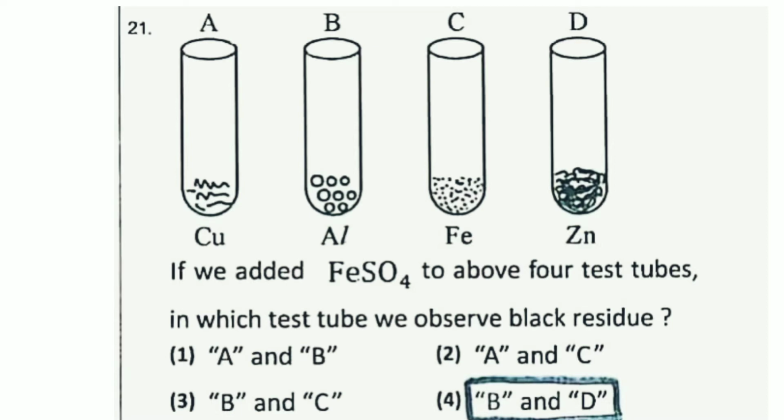Next, if we add ferrous sulfate, FeSO4, to the above 4 test tubes, in which test tube do we observe black residue? So the fourth option is correct, B and D. Why? Because aluminum and zinc are more reactive than iron.